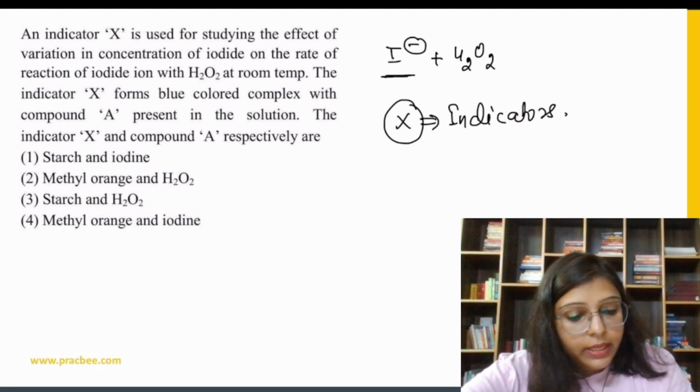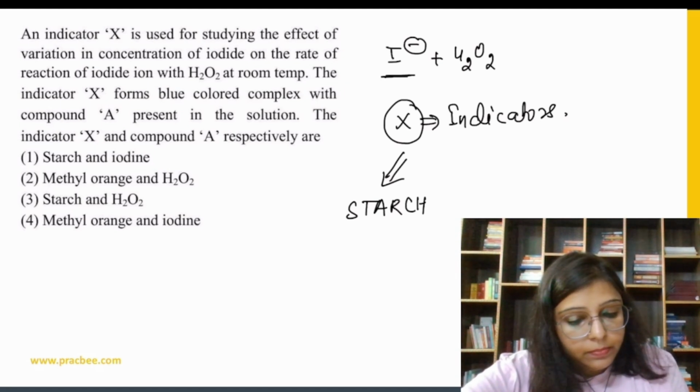So it means the indicator is going to be starch. The indicator X and compound A respectively: starch and iodine.